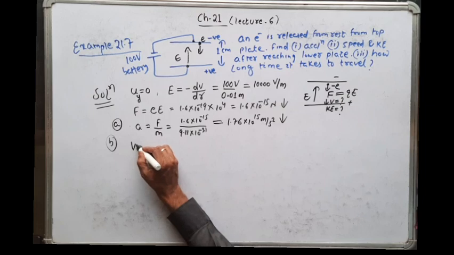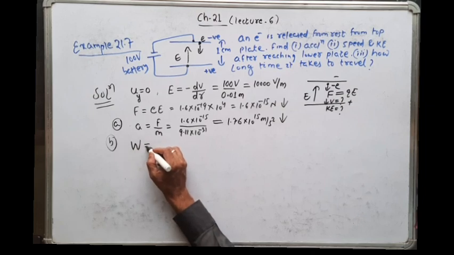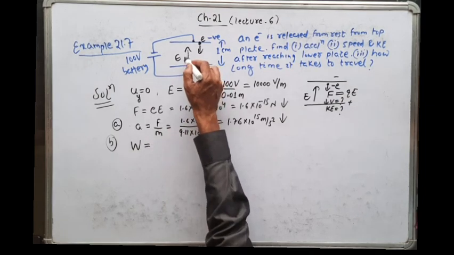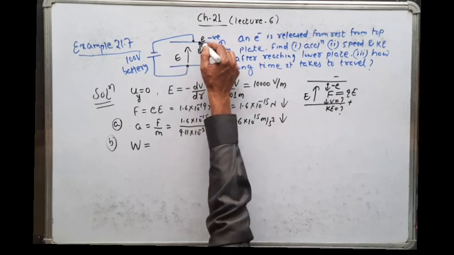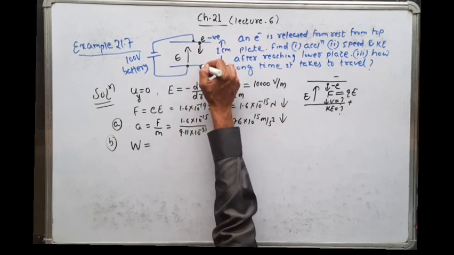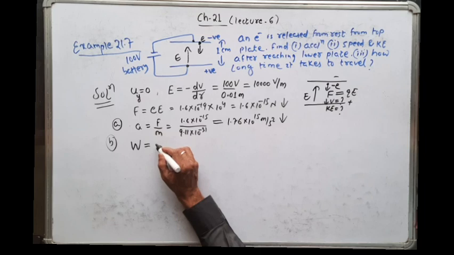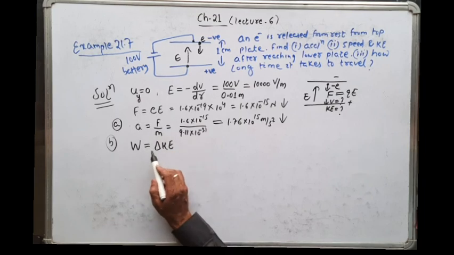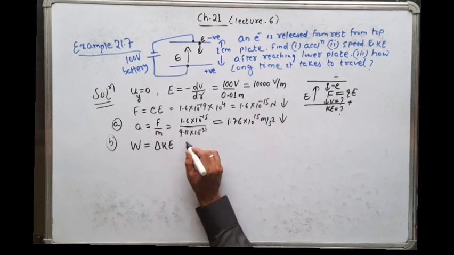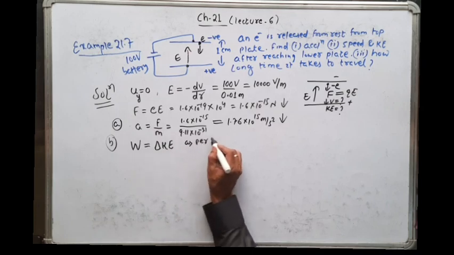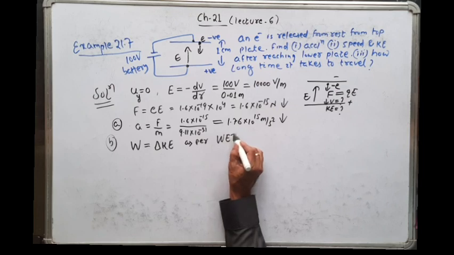What is the work energy theorem? The work done by the electric field to bring the electron from the upper plate to the lower plate is equal to the change in kinetic energy. We know work done is equal to change in kinetic energy, as per the work energy theorem.